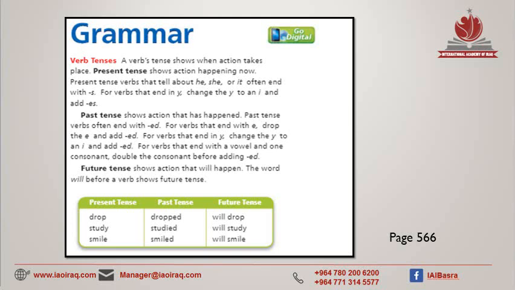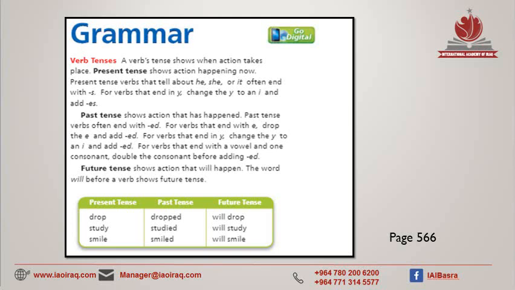Right, so past tense shows action that has happened. Past tense verbs often end with ed. For verbs that end with e, drop the e and add ed. So you basically just add a d. For verbs that end in y, change the y to an i and add ed. For verbs that end with a vowel and one consonant, double the consonant before adding ed. So that's probably a bit too confusing for you guys.